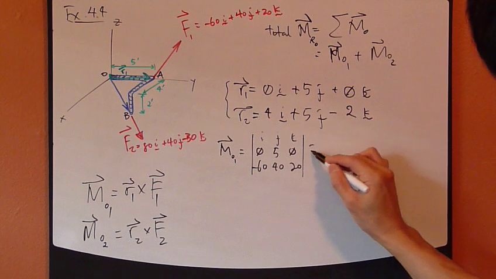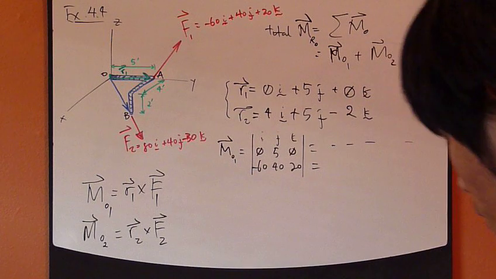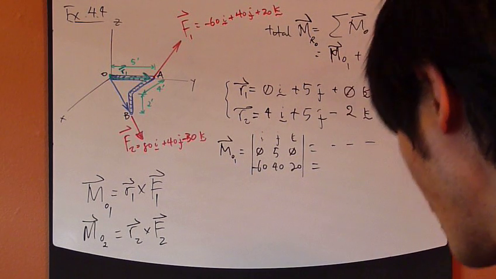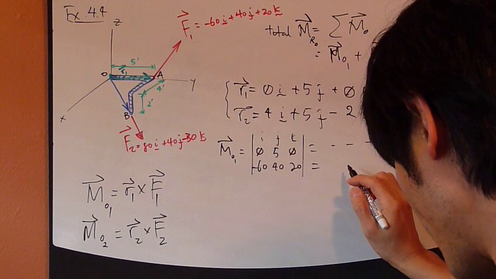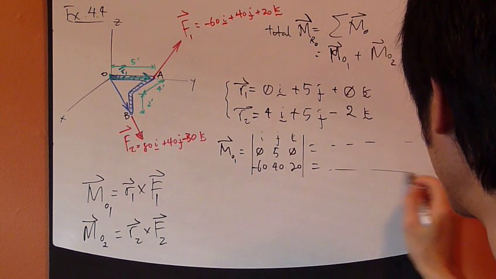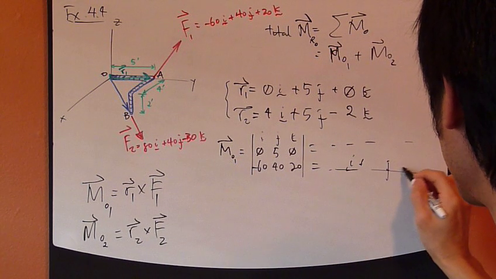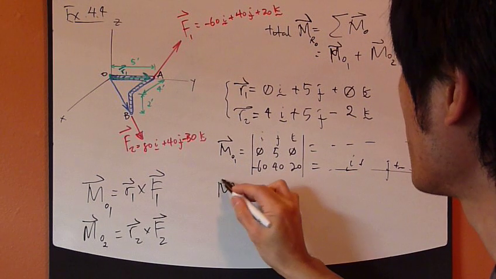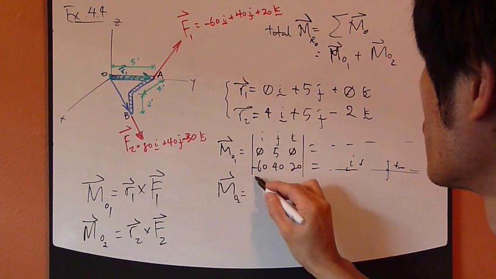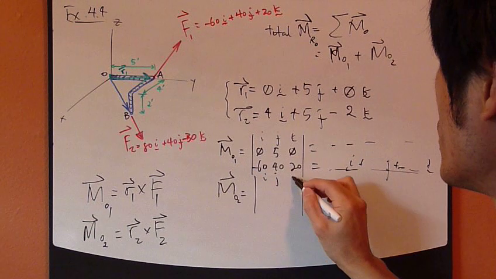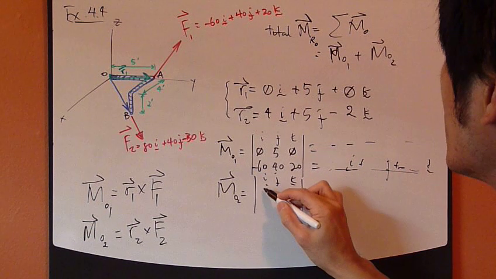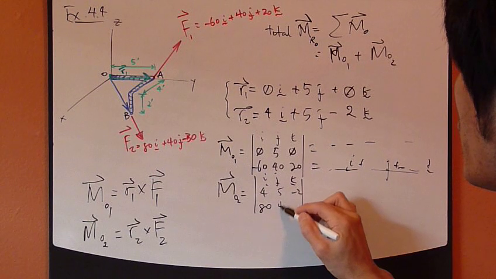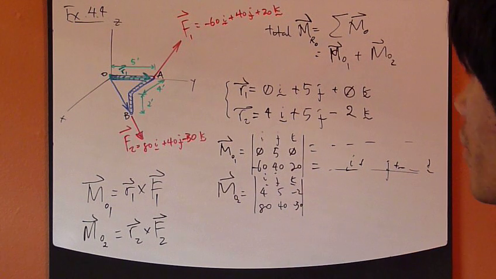Just go through the calculation using whatever I laid out in the previous video. Whatever it is, it's something I plus something J plus something K. Do the same for MO2. I, J, K, so 4, 5, negative 2, 80, 40, negative 30.